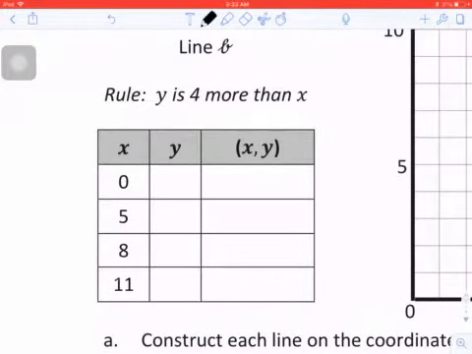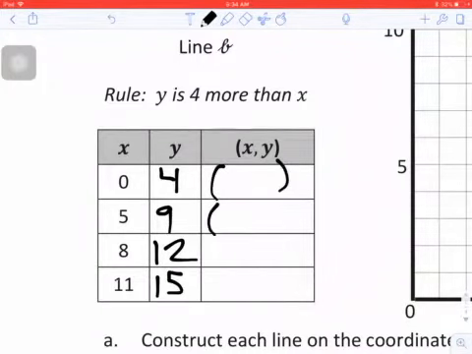On this one, for line B, we see our rule is y is 4 more than x. So whatever we have on our x, we're adding 4. So 0 plus 4 is 4. 5 plus 4 is 9. 8 plus 4 is 12. 11 plus 4 is 15.